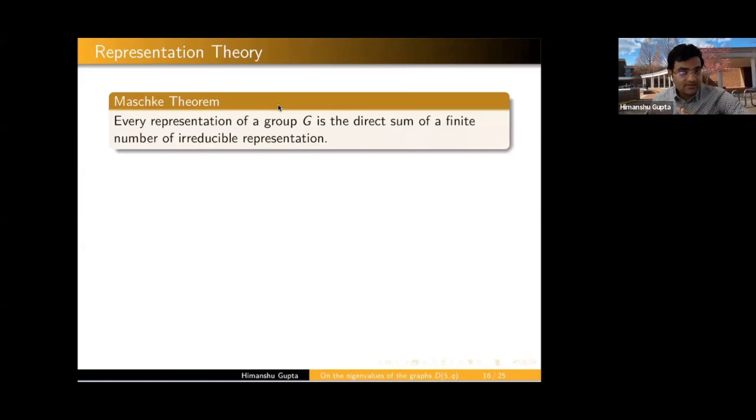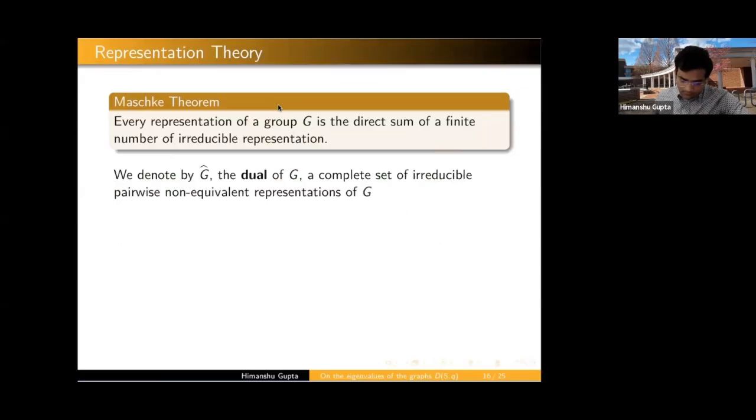So if we are studying representations, we just need to study irreducible representations, because every other representation is a direct sum of irreducible representations. We denote the set of all irreducible inequivalent representations by G hat. It's called the dual of G. So G hat is the set of all irreducible pairwise non-equivalent representations of G.